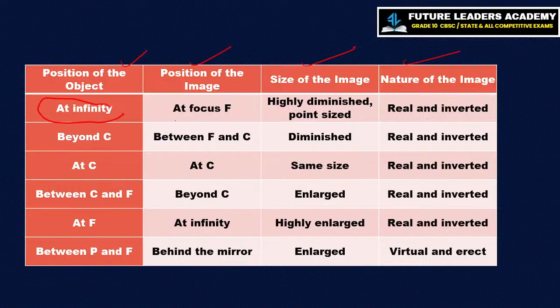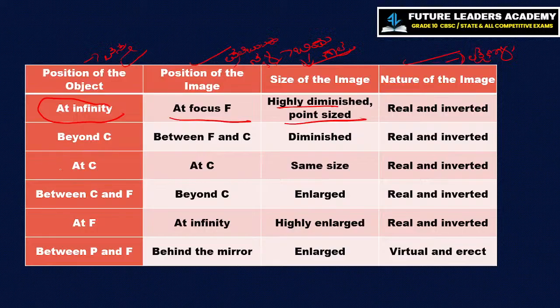If the object is at infinity, the image forms at the focus and is highly diminished, point size. Point size means the size of a point. Size of the image means the height or size of the image. Position of the image means the place where the image is formed. Object means the thing, and nature means its characteristics, whether it is inverted or upright. Okay, this is one.